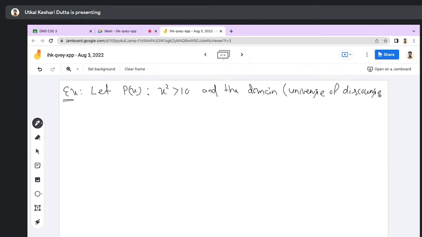That is the other word for domain. Universe of discourse has the same meaning as domain. The domain consists of positive integers not exceeding 5.